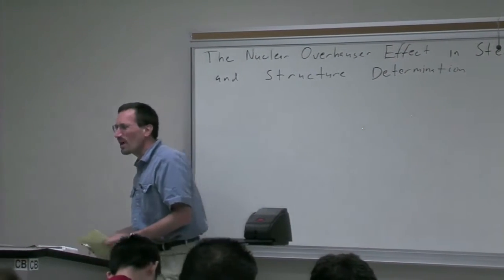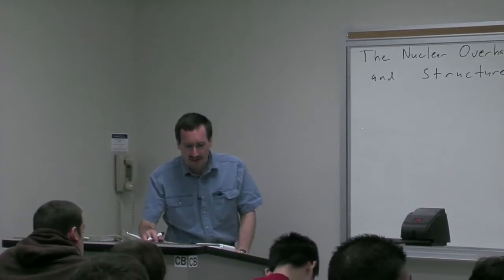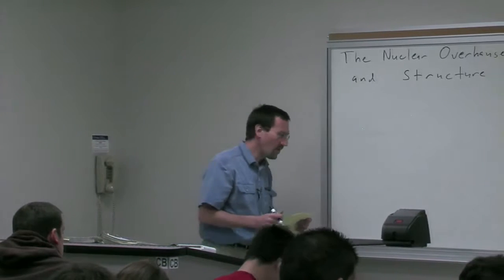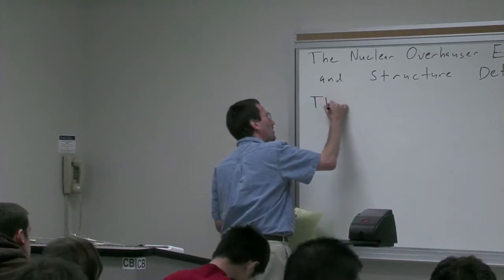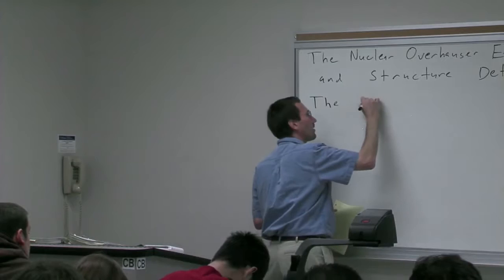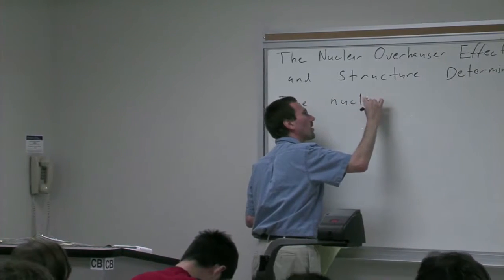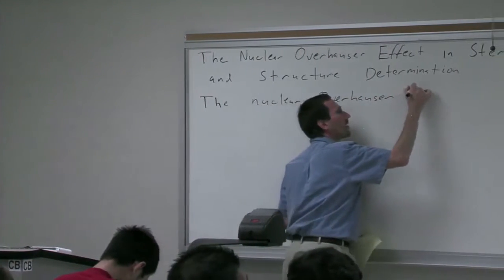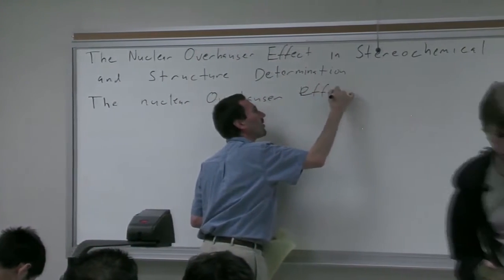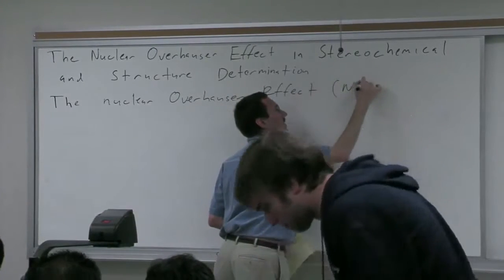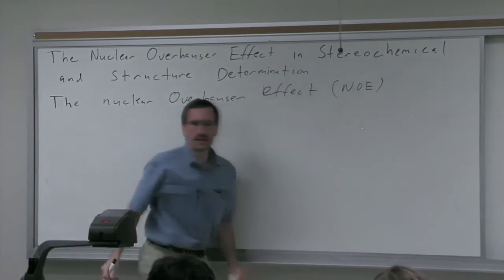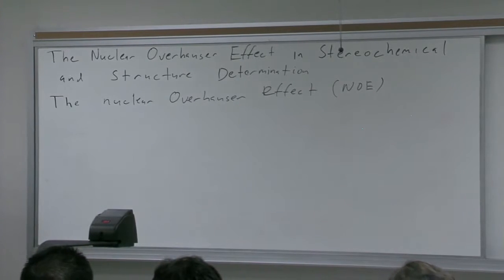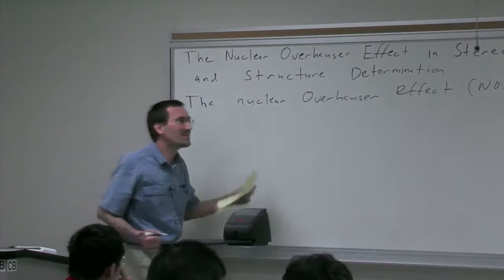So in terms of what the nuclear Overhauser effect is, I've been talking about this in C13 NMR, but not why this is useful. So the nuclear Overhauser effect, NOE, is a change in the intensity of the resonance of a proton or of another nucleus.